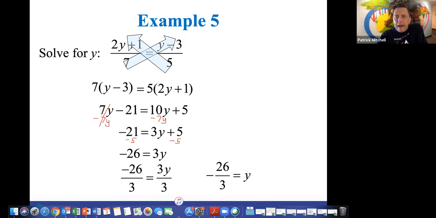And you might find that a little easier to plug into the left side and the right side of this original equation. Now, because negative 8.67 is an approximated value for negative 26 thirds, the left side and the right side will not come out to be exactly equal, but they should come out to be very, very close, like within 1 or 2 hundredths probably.